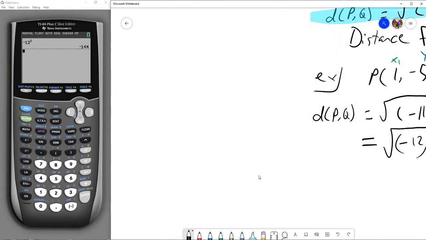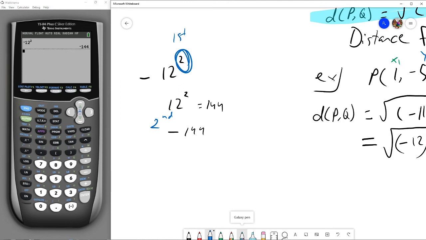It sees this negative and it sees a square, and how the calculator interprets this is it will take 12, square it to give you the 144, but then secondly applies the negative. In other words, the calculator is programmed to do the square first, and then take care of the negative second, or last in this case, which is why we get this erroneous answer here.